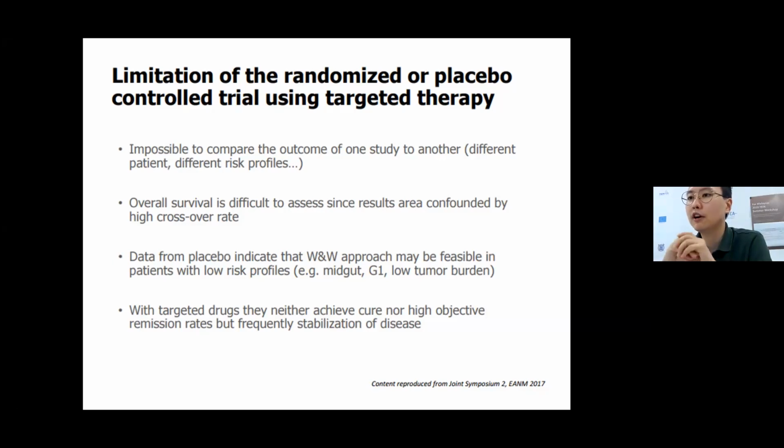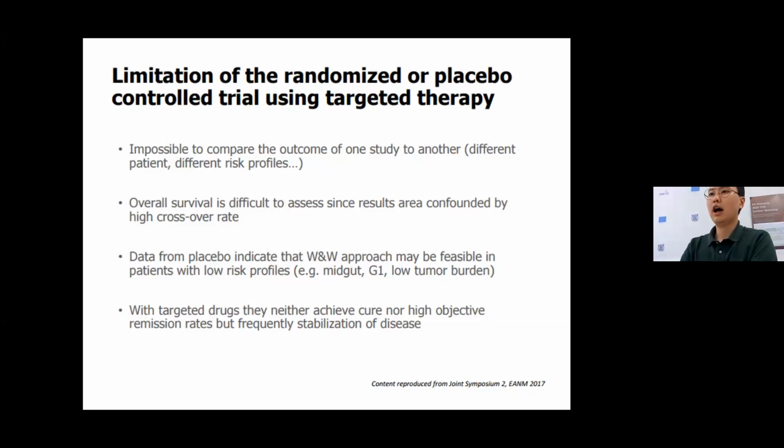Overall survival is difficult to assess since results are confounded by a high crossover rate. It is also seen from the placebo arms that these may be feasible in patients with low risk profiles. And with targeted drugs, they achieve neither cure nor a high objective response rate, but lead to a stable disease state.